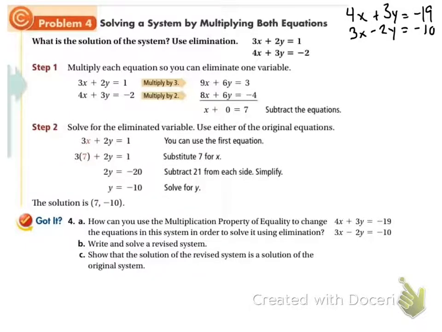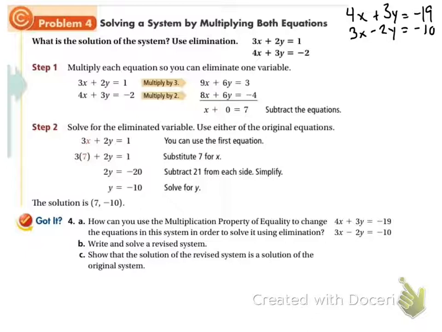So you can see that our x's and our y's aren't going to cancel out, right? Our x's are both positive. One's a 4 and one's a 3. Our y's have a positive and a negative, but they're different numbers. So we got two options. We can try to get rid of our x's, or we can try to get rid of our y's.